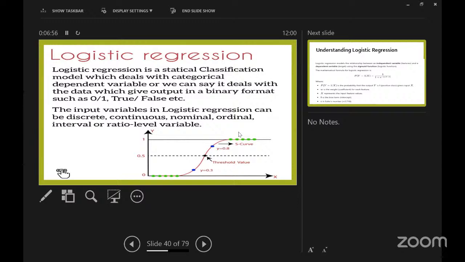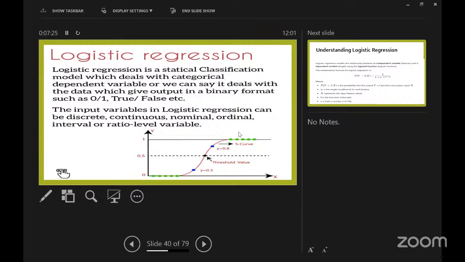What is the threshold value? In a semester exam, for 70 marks, what is the pass mark? If I get 23 then fail, if I get 24 or 25 pass, so 24 is the threshold value.